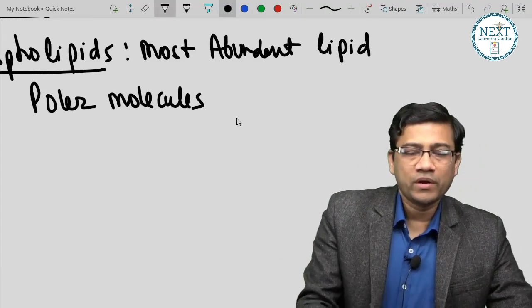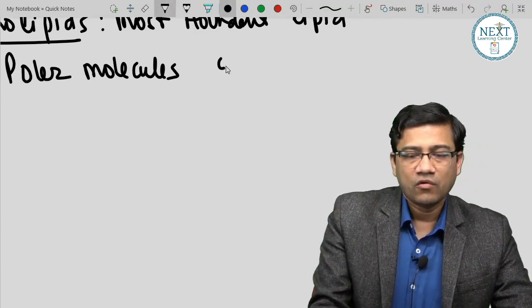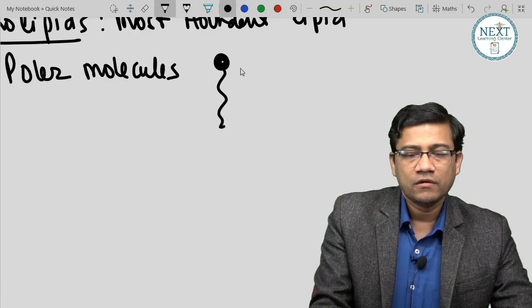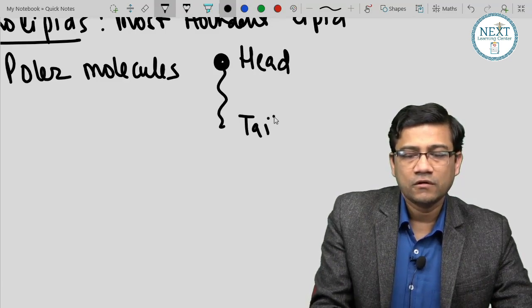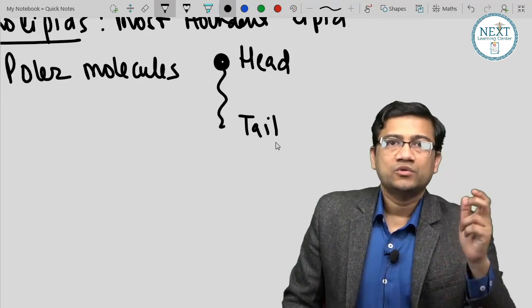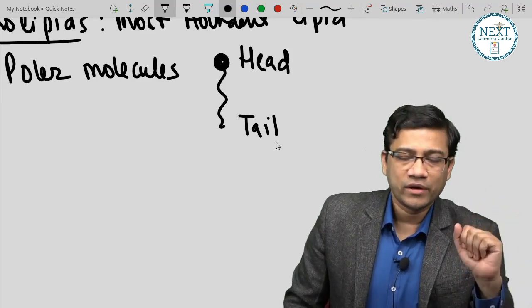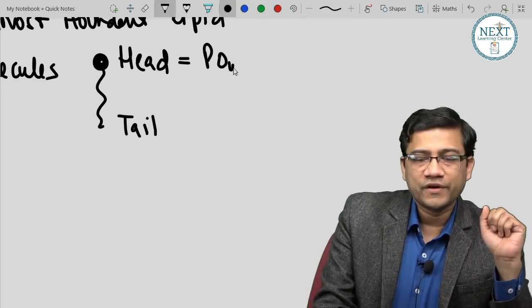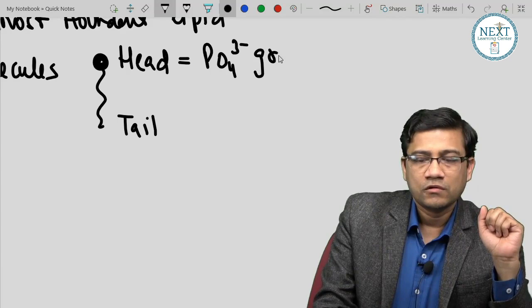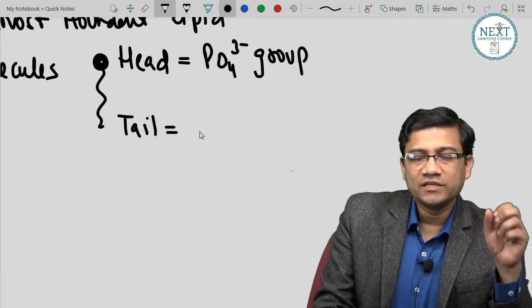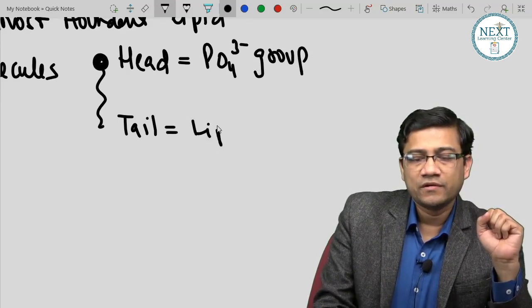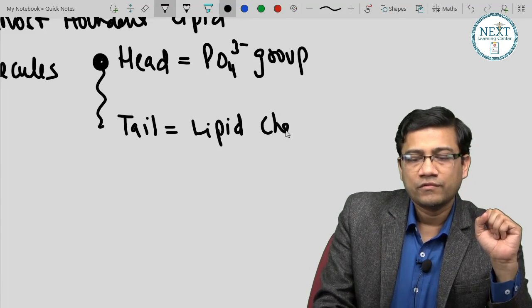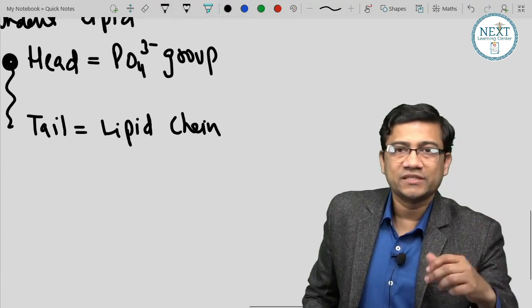What does polar mean? They have two ends: one is the head end and the other is the tail end. The head end is made from the phosphate group, and the tail is made from the lipid chain. So the lipid chain is creating the tail.